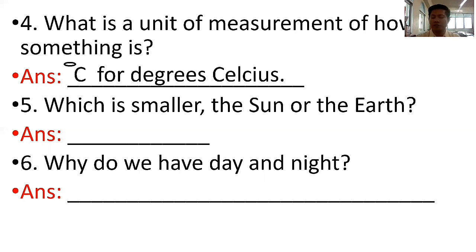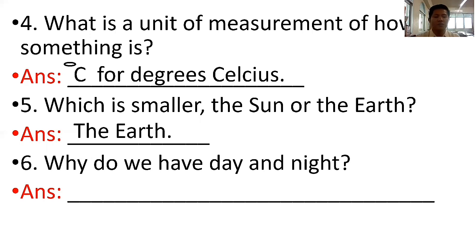Okay. Number 5. Which is smaller, the sun or the earth? Again, which is smaller, the sun or the earth? Very good. The smaller is the earth.